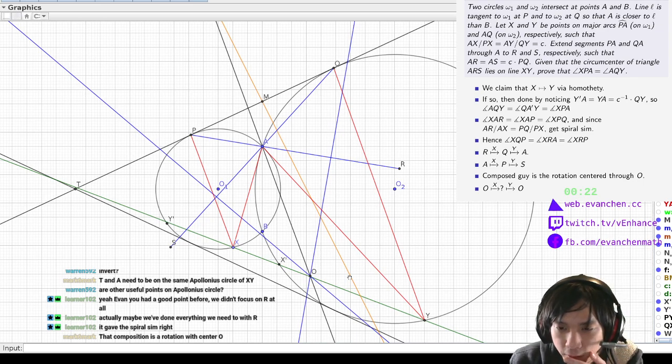Oh, we're getting somewhere now. Oh, jeez, I was about to give up. That's how you use O. It's the center of spiral similarity because it's a rotation.